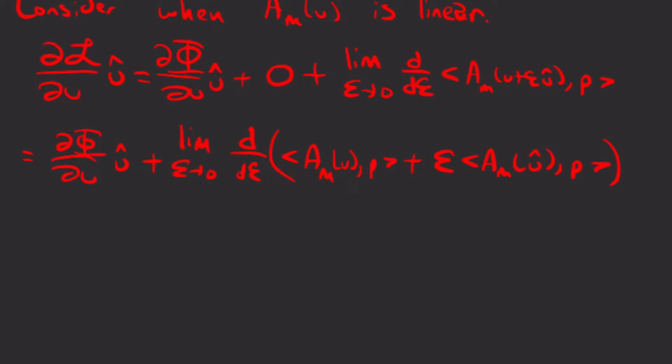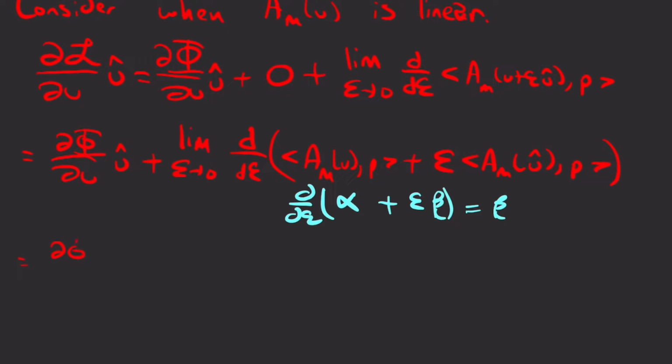So I can just split that apart. Now, this is of the form alpha plus epsilon beta, and we're taking the derivative of this, because this is just a number, and this is just a number. So its derivative is just beta. In other words, it is just this inner product.